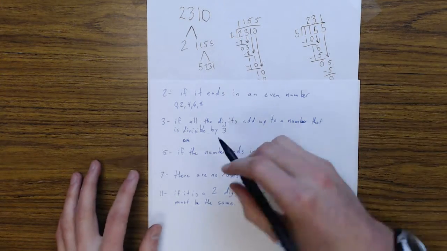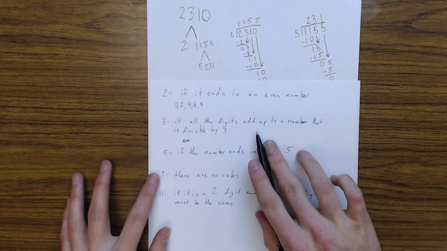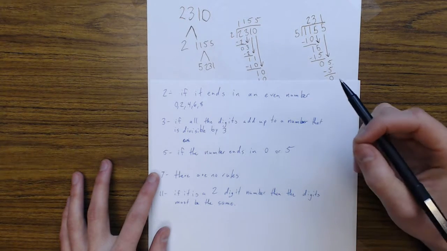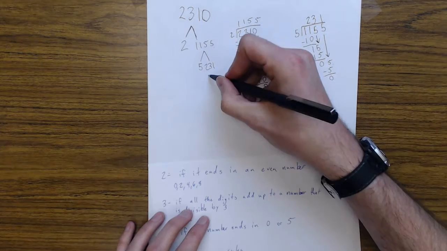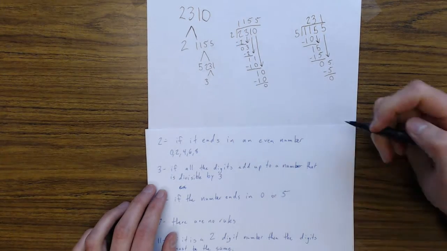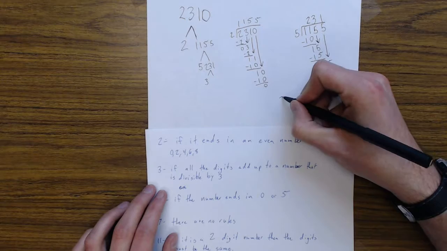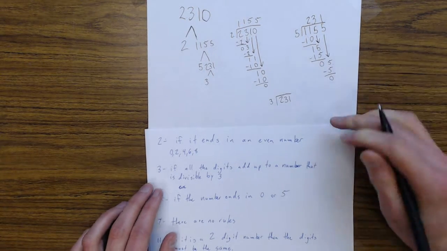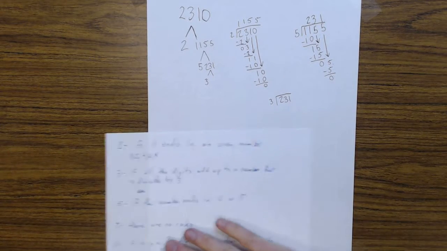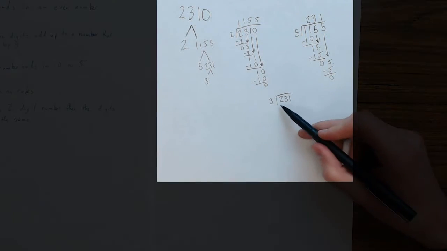And this rule states that if all those digits add up to a number that's divisible by 3, then it's divisible by 3. So we're going to divide it by 3. So we've got this 231 dividing it by 3. Now, does 3 go into 2?